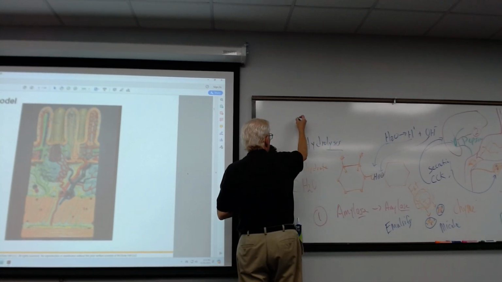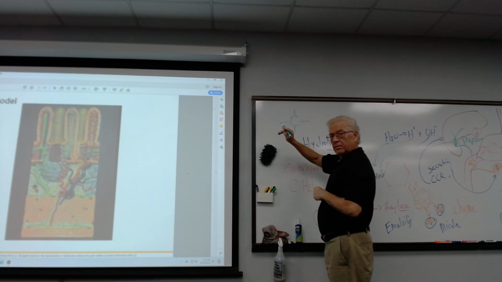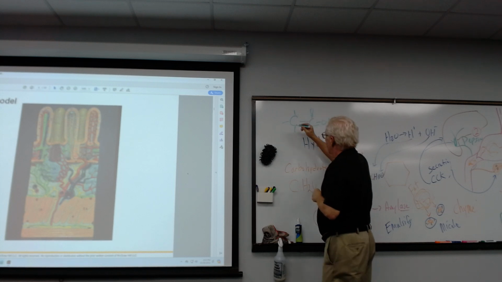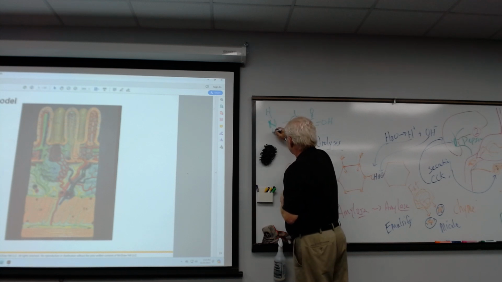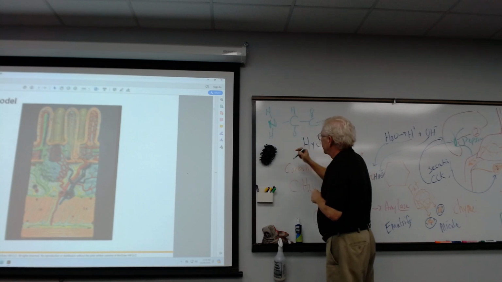This is an amino acid. It's C attaching to 4 things. On this side, C double bond O, OH. And here, the nitrogen with the 2 H's. Okay? And then these are just 2 H's for placeholders.